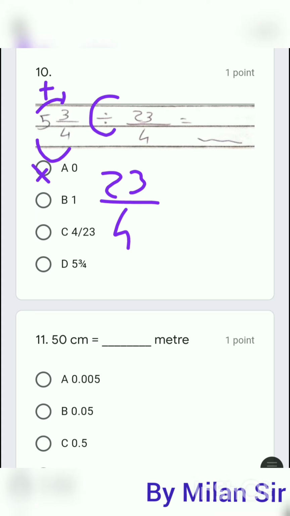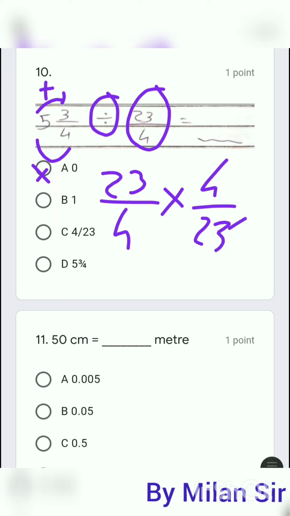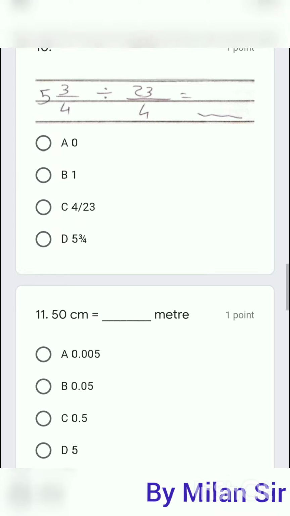Now convert this division into multiplication. For that transfer your numerator and denominator. So 23 by 4 becomes 4 by 23. 23 ones are 23 and 4 ones are 4. So our answer is 1. Okay, nothing is remaining. So answer is 1.